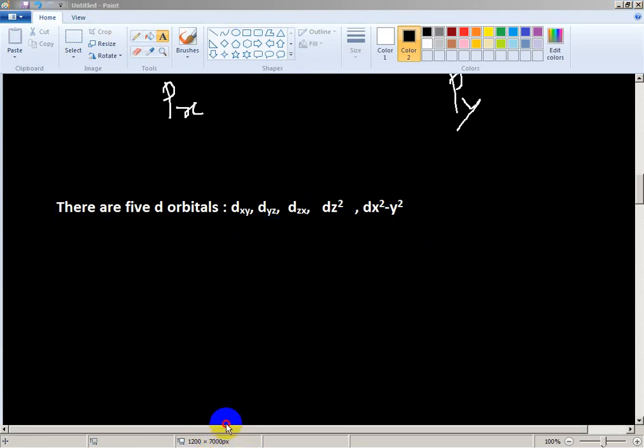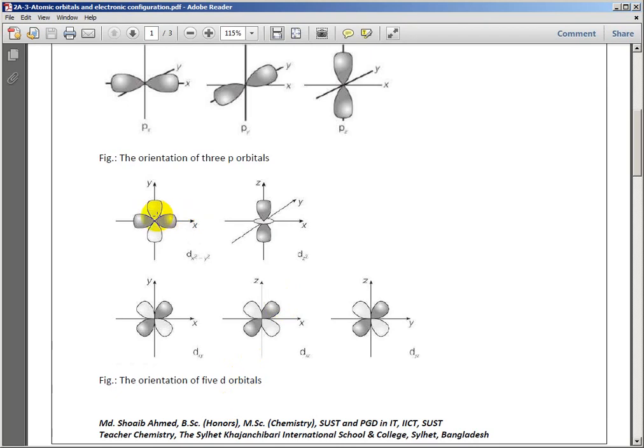This drawing is given here. I'll not draw these. Look, this is dx square minus y square, along the x and y axes. Dz square is along the z axis.